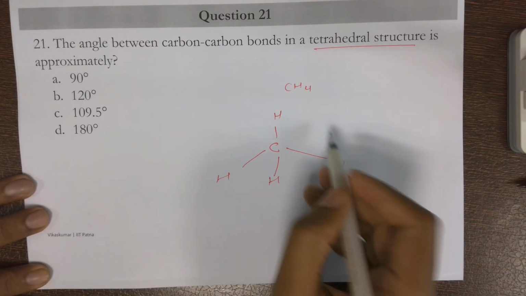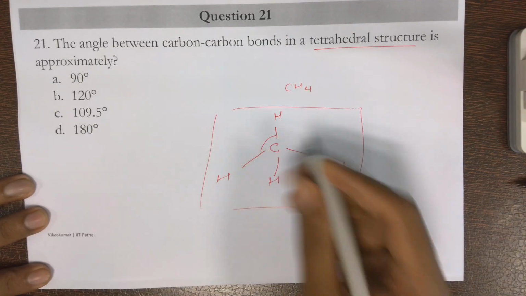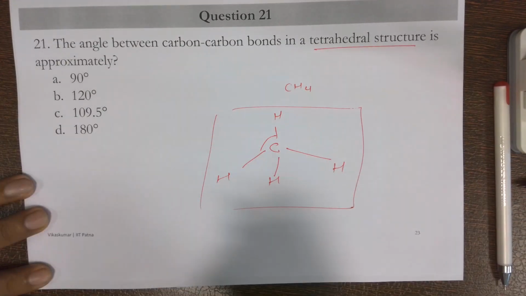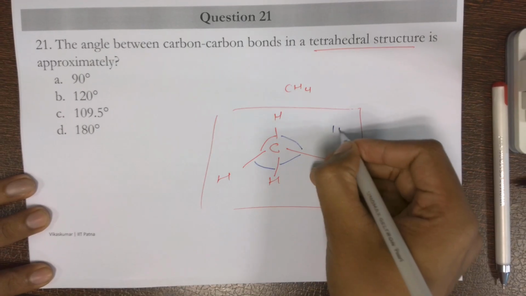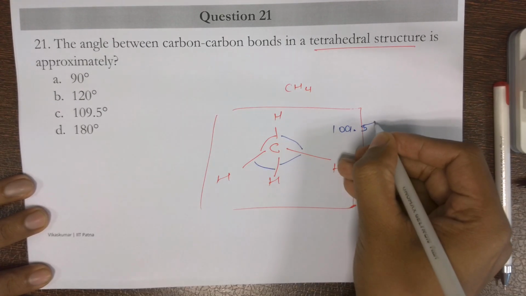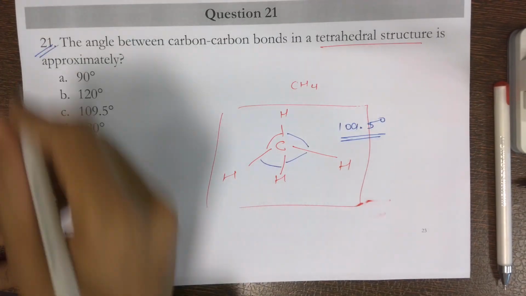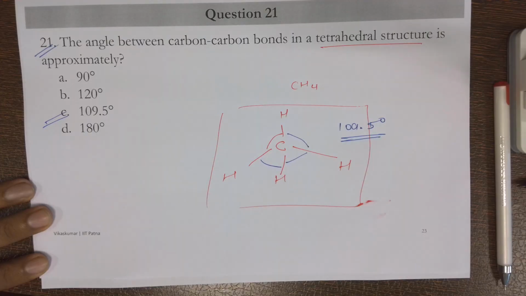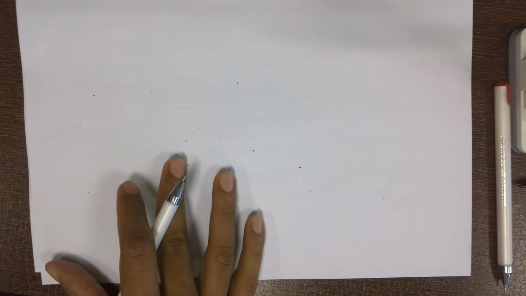We know in the tetrahedral structure, these angles are all 109.5 degrees. So option C is the right answer. Let's go to the next question, number 22.